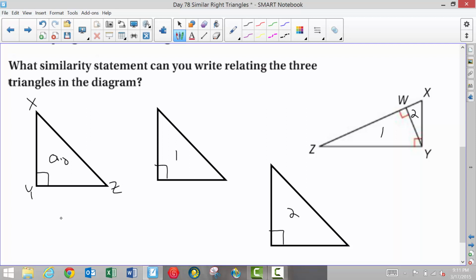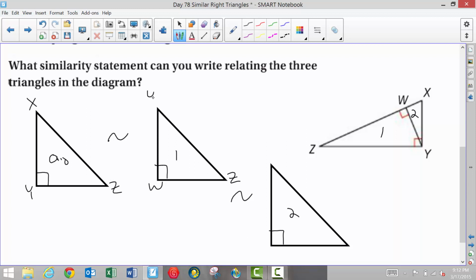Now for triangle 1, since I know that these triangles will be similar, corresponding angles have to be in the same position. So for triangle 1, my 90-degree angle is W. If you notice, triangle 1 has angle Z, which is also in the original. So angle Z has to be in the same position as the original triangle. So Z goes here.